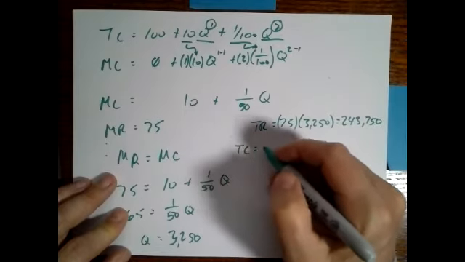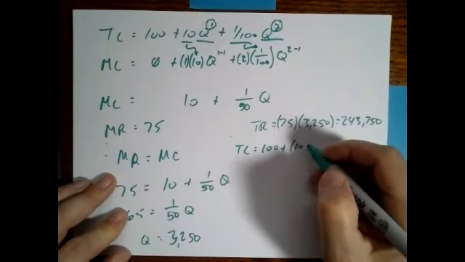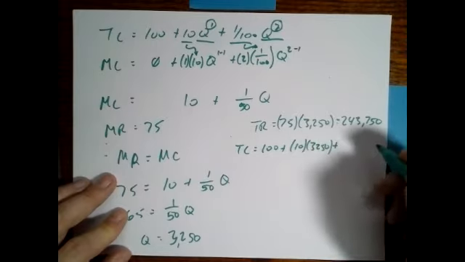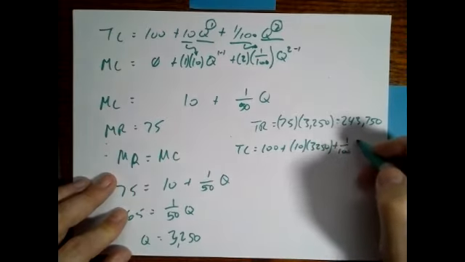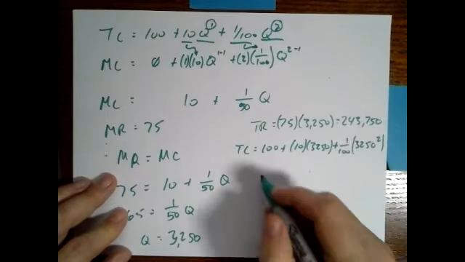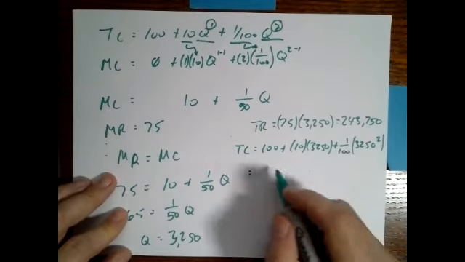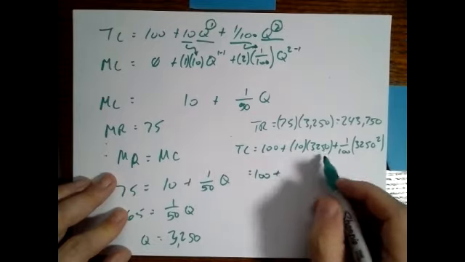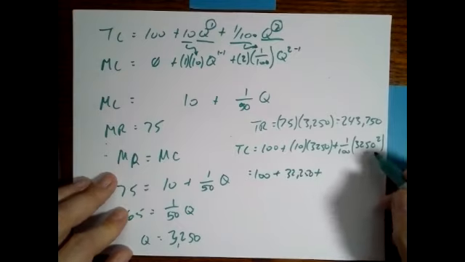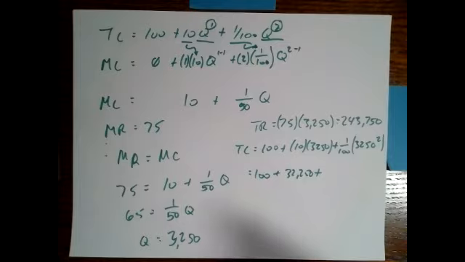And then the total cost is going to be 100 plus 10Q, and the Q in this case is going to be 3,250, plus 1/100th of 3,250 squared. So that's 100 plus 32,500, right? So 100 plus 10 times 3,250 is 32,500, plus 3,250 squared. Oh, I have to do that.